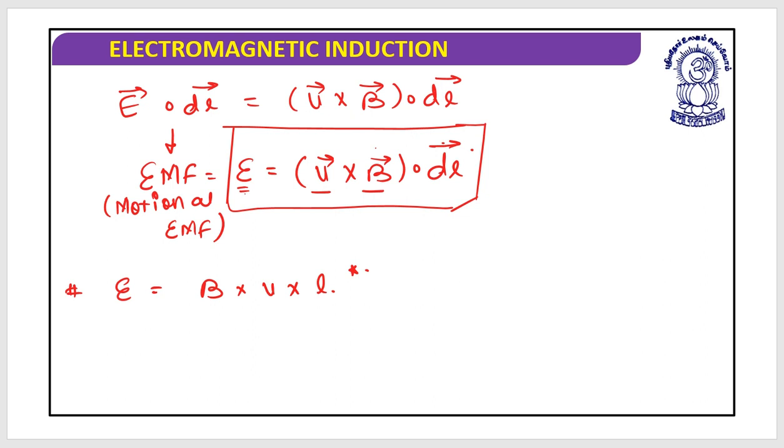When we write ε equals B into v into L, this B is the magnetic field of the region.